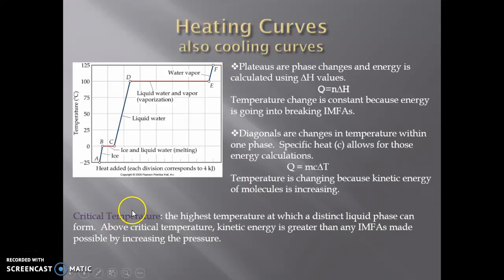So at this point, above the critical temperature, you have a gas, and you cannot pressurize it enough in order to make it a liquid. You have to lower its temperature in order to get it to become a liquid.